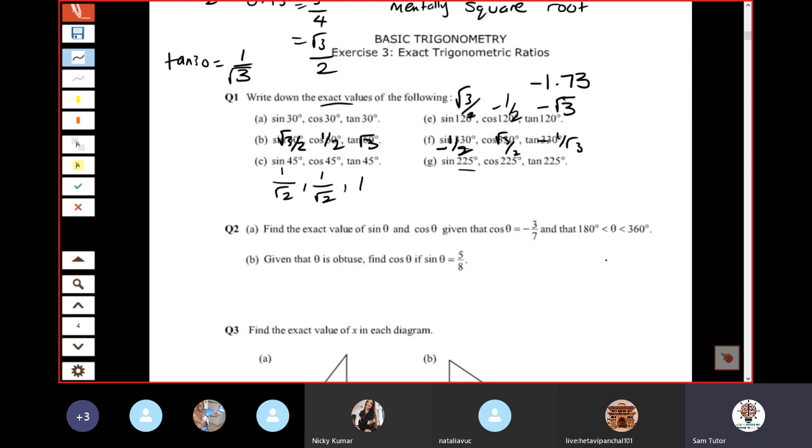Natalia, let's do the next one. Natalia V, let's do G together so you can learn this. Do you have your calculator with you? Yep, all right, here we go. Sine 225. What do you see?